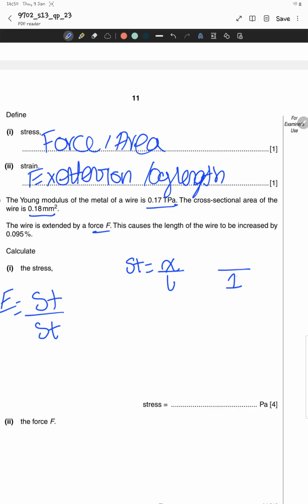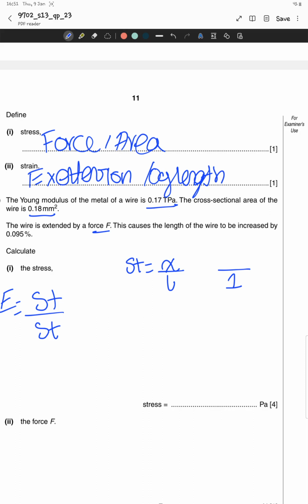For this 1 to be extended by 0.095%, you would have to have the extension be 0.095 divided by 100.